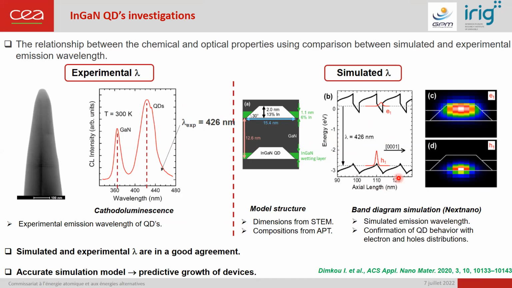And the behavior of quantum dots is confirmed by the overlap between electron and hole distributions. So this means that the methodology that has been developed validates our simulation model and can give predictions on future growth of devices.